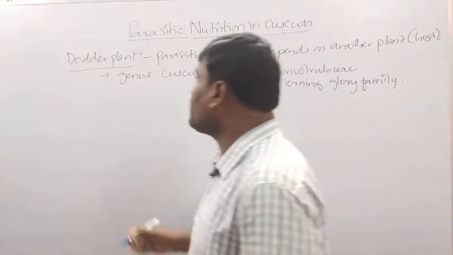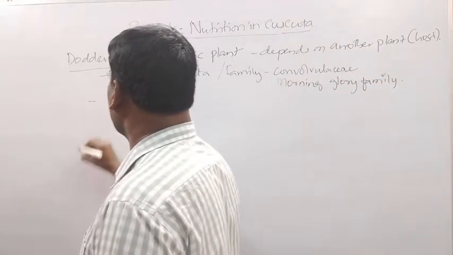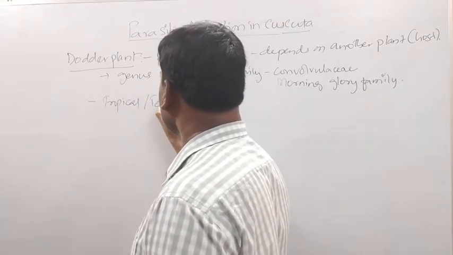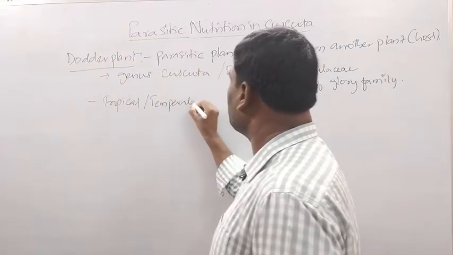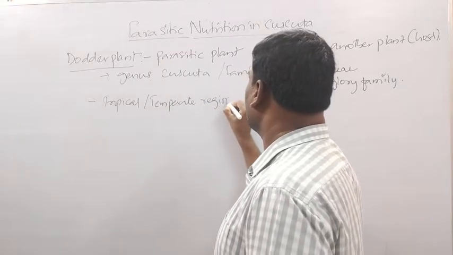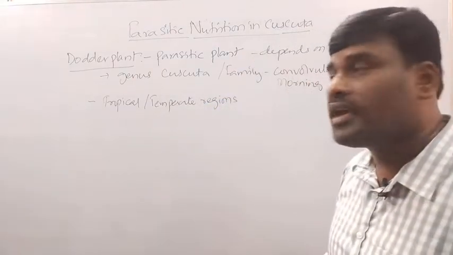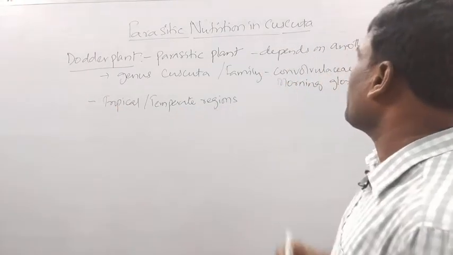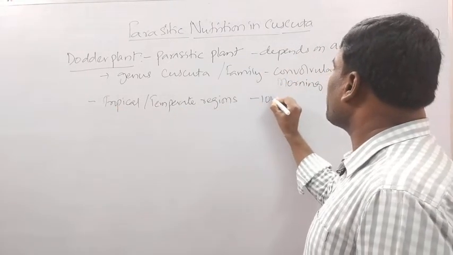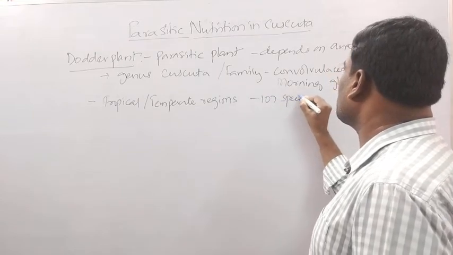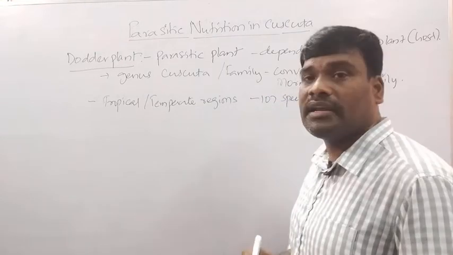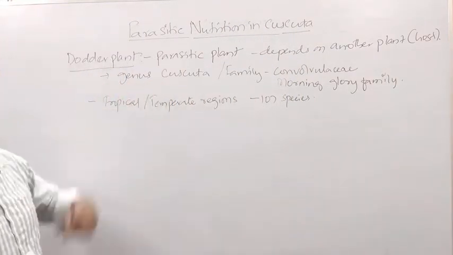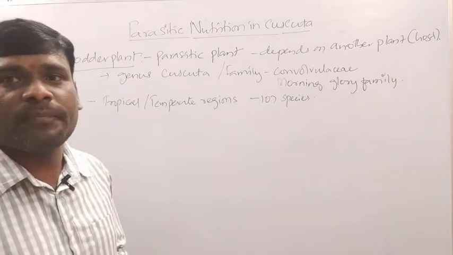Generally this dodder plant is grown in tropical as well as temperate regions. There are about 107 species of this Cuscuta children.